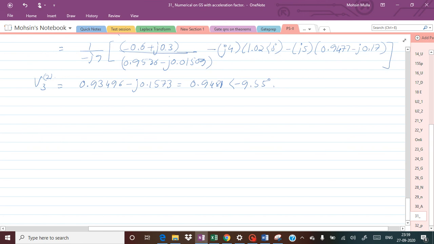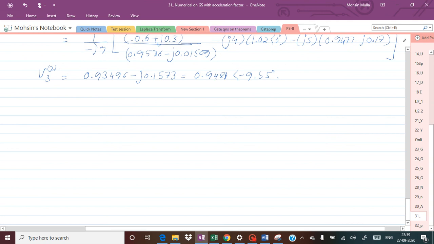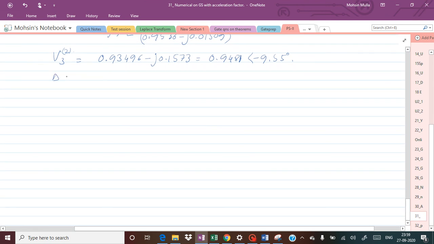Again we need to calculate the accelerated value. The accelerated value can be determined by first finding the difference. So del V32 is V32 minus V31.